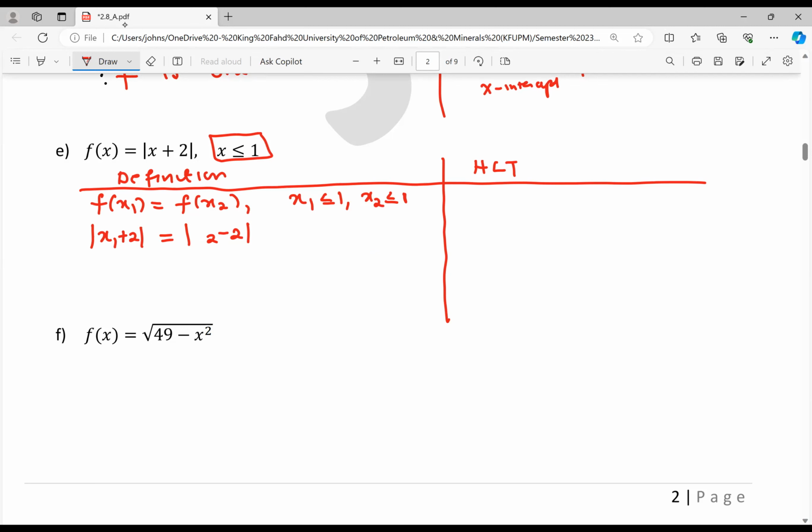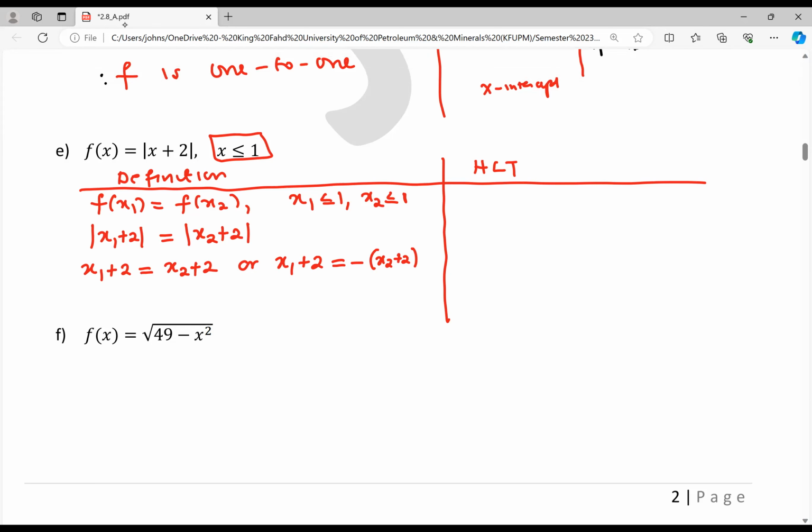So what we're going to do in that case is just use what we know. This means x1 plus 2 could be equal to x2 plus 2, or x1 plus 2 is equal to minus of x2 plus 2.